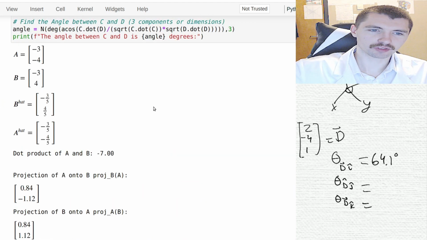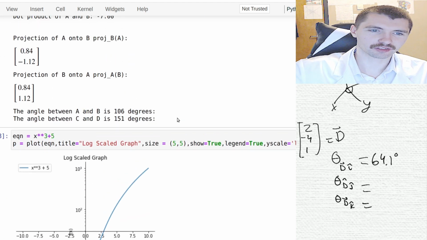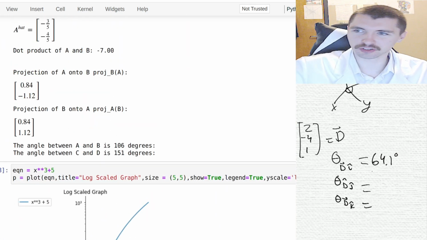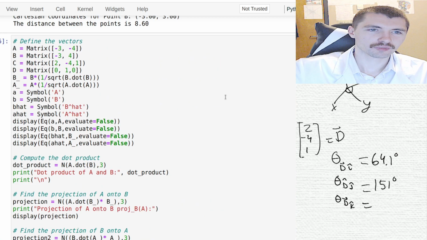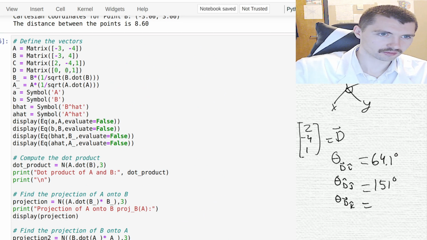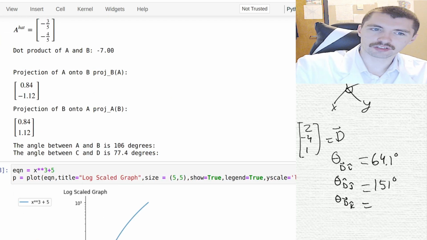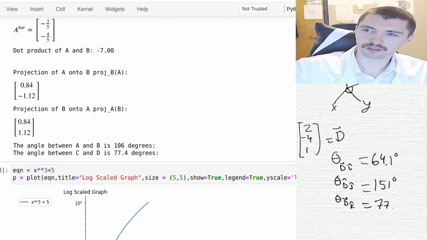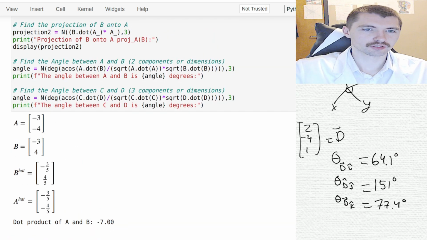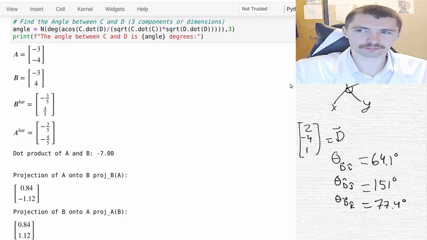So this is very intuitive. I like this a lot more. So this is 151 degrees. And then K is 77.4 degrees. So pretty awesome stuff.